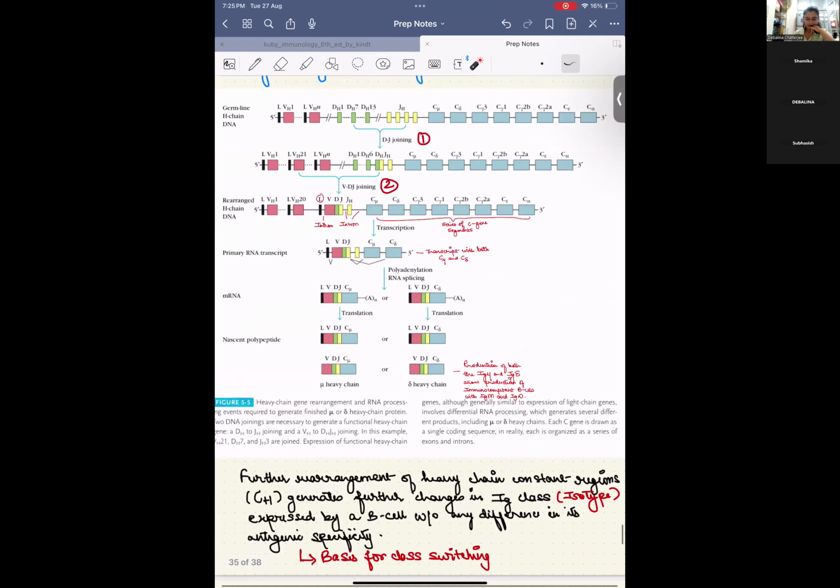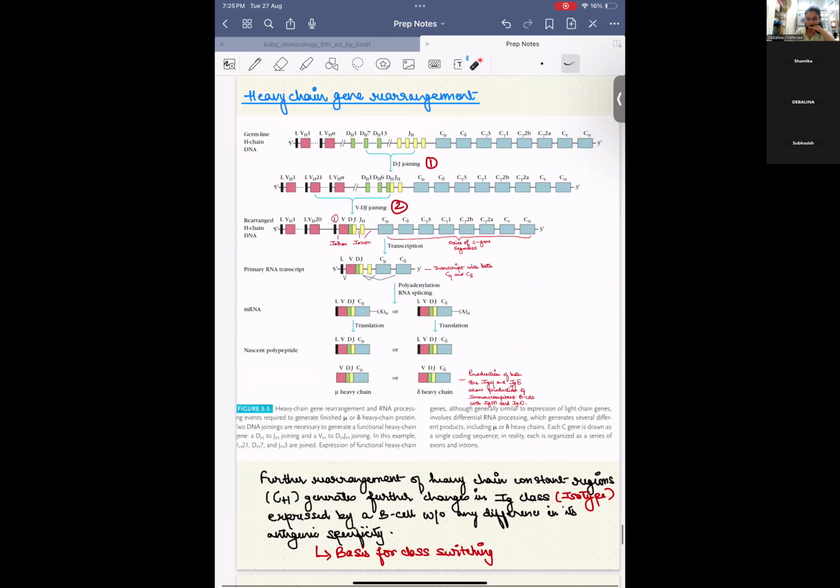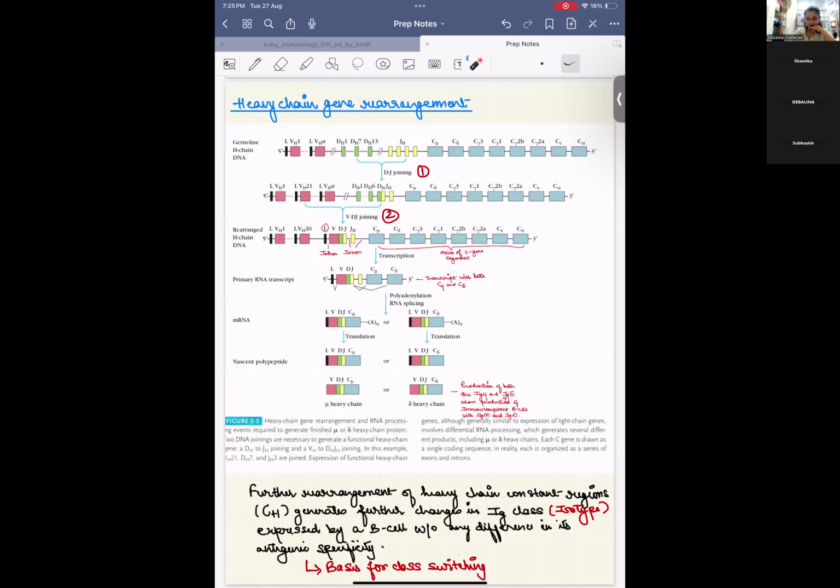Okay, ma'am. And the folding of the polypeptide chain is provided by the endoplasmic reticulum. The folding of any polypeptide always happens inside the endoplasmic reticulum, including the immunoglobulins. Okay, ma'am. So after the nascent polypeptide has matured, the L region is removed from the heavy chain or the light chain, right?